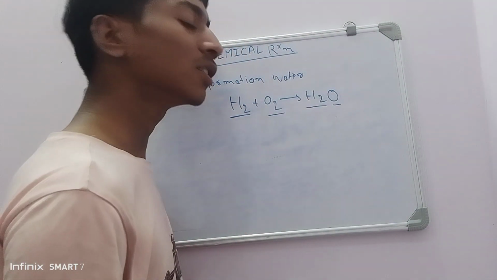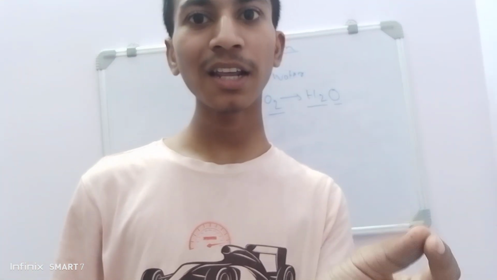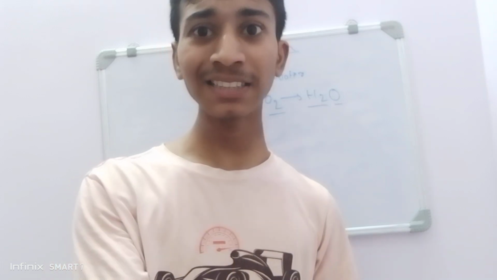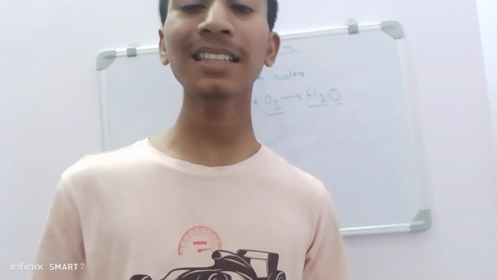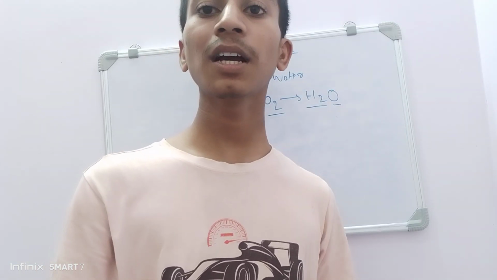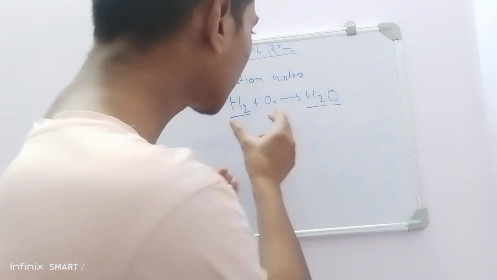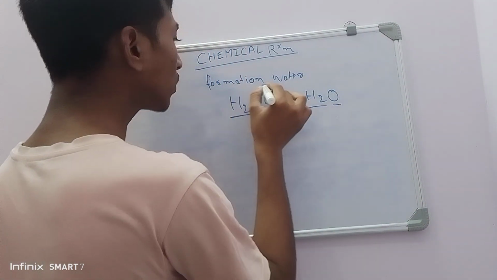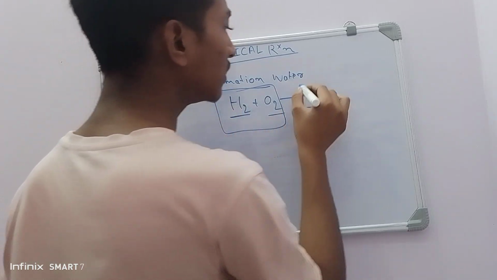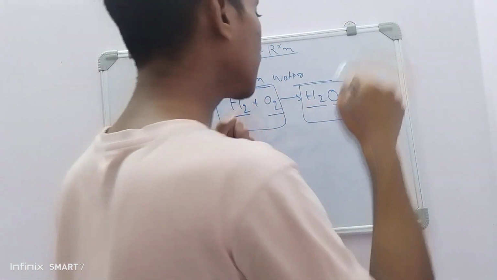So here also the mass remains constant. You have studied the name Lavoisier, the scientist you studied in class 9th chemistry, who said that mass cannot be created or destroyed in a chemical reaction. The mass will always remain equal on both sides, reactant side and product side. This is called the reactant side because the reaction occurs on this side, and this is called the product side because the products form after the reaction.